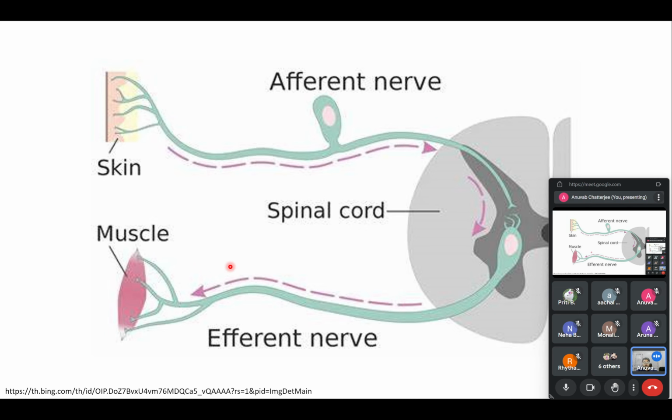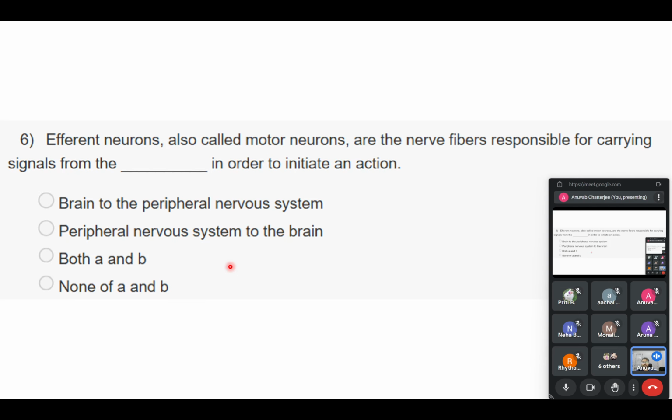So essentially, if we go back to our question, efferent nerves or motor neurons carry information from the brain to the peripheral nervous system. So the option is A. Any questions from this?